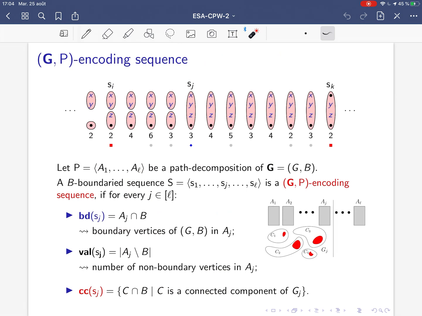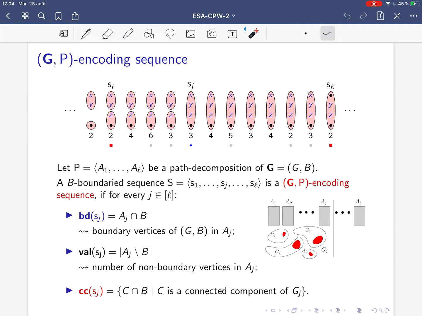Okay, how do we encode a connected path decomposition of a boundaried graph with a B-boundary sequence? This is fairly immediate. The boundary set of S_j is simply the intersection of the bag A_j with the boundary set of vertices. The value of S_j is the number of vertices of the bag A_j that do not belong to the boundary set of vertices.